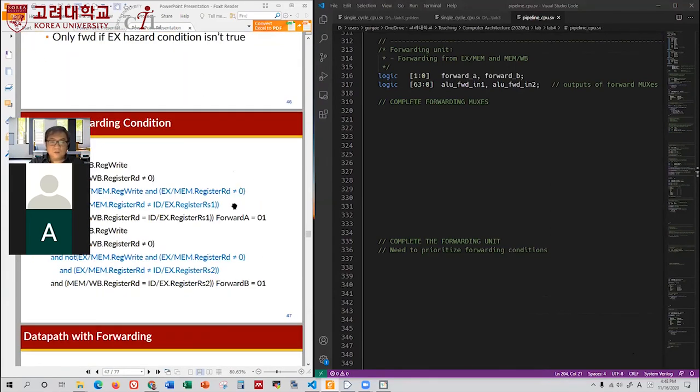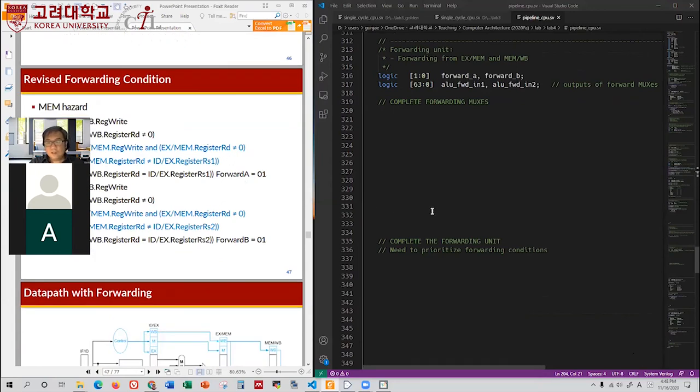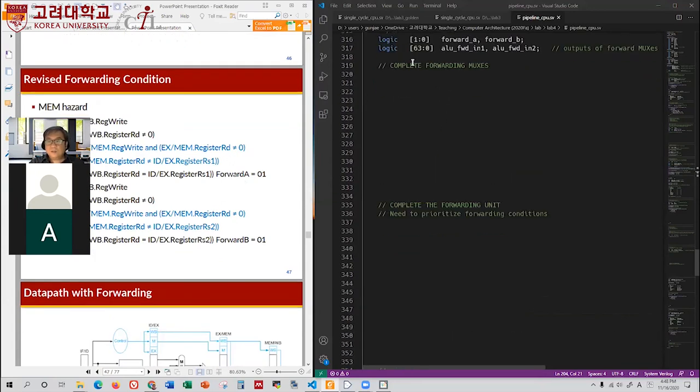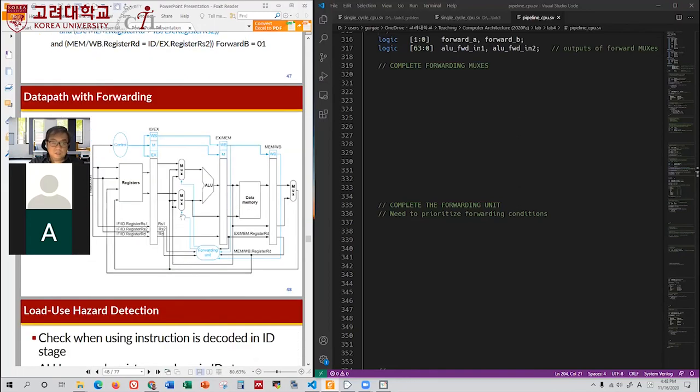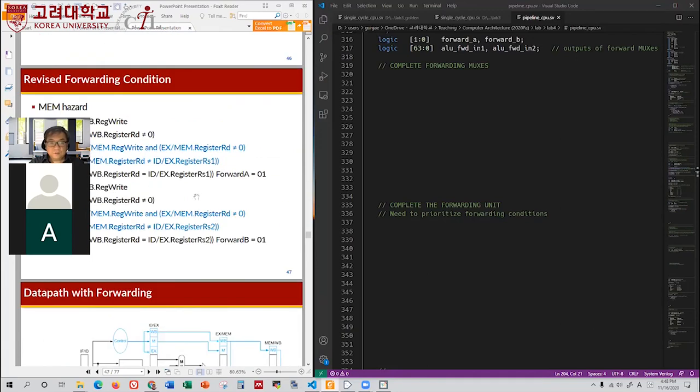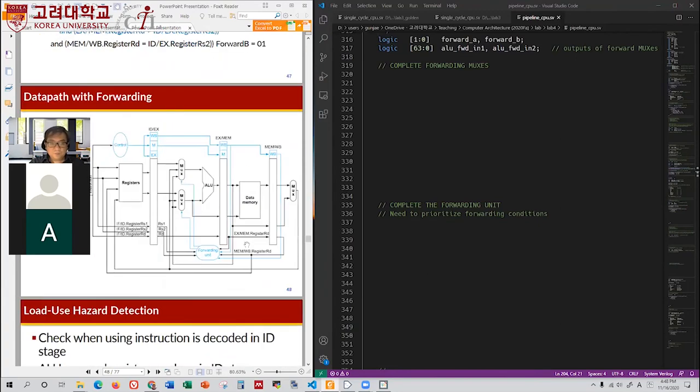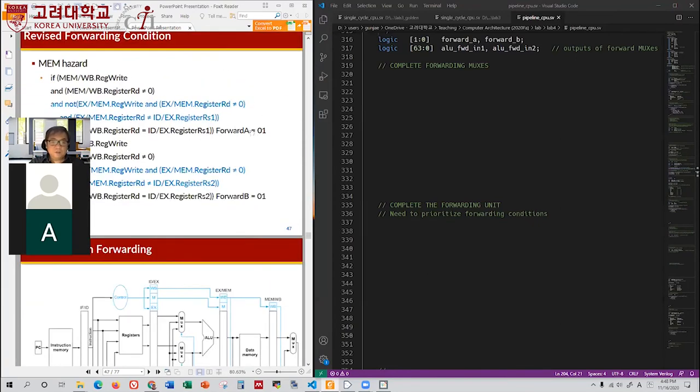So based on this condition, you can complete the forwarding muxes, and then this is the forwarding unit. So the forwarding unit generates this selection signal, and then this selection signal. Okay, you can implement the forwarding unit based on this information.